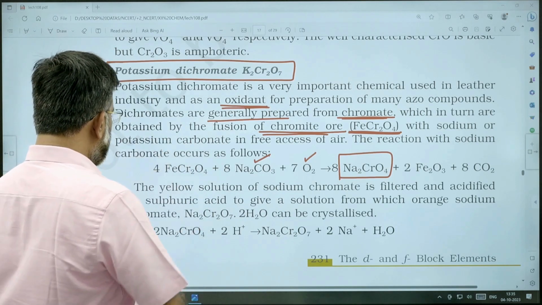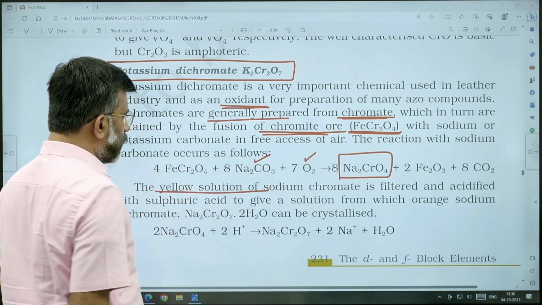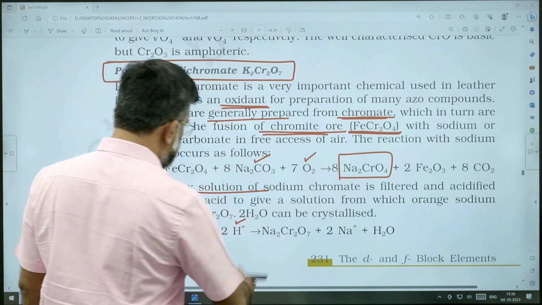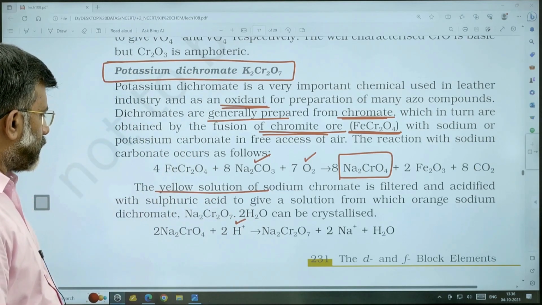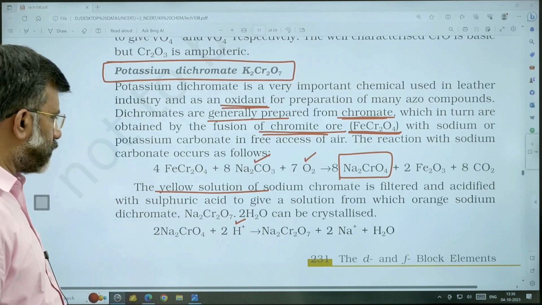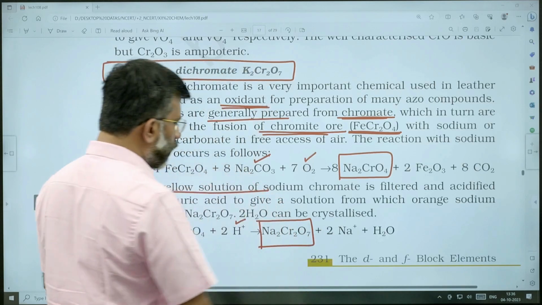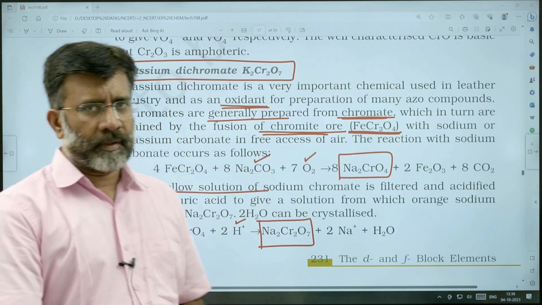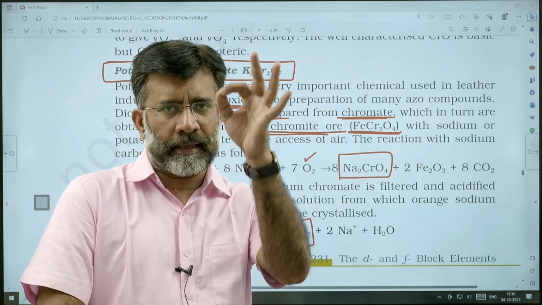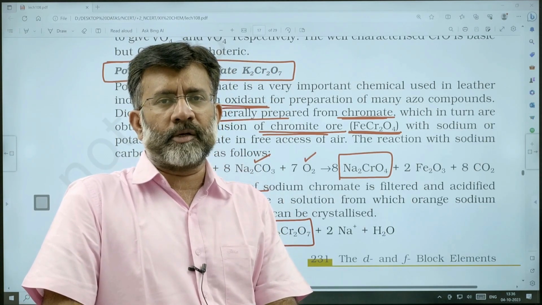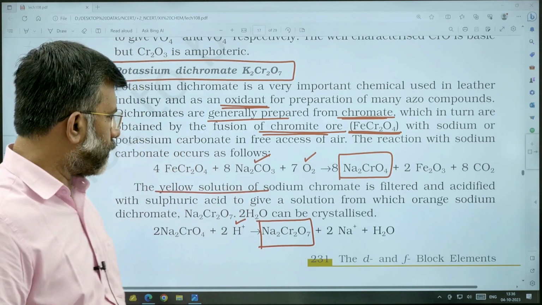Now, that yellow colored solution of sodium chromate is treated with, acidified with, a sulfuric acid solution, then you will get orange colored sodium dichromate. So yellow sodium chromate is switched to orange colored sodium dichromate solution.